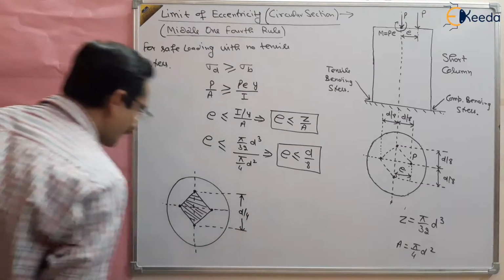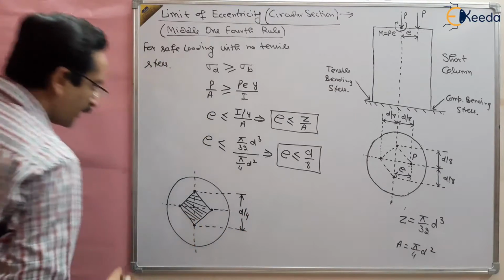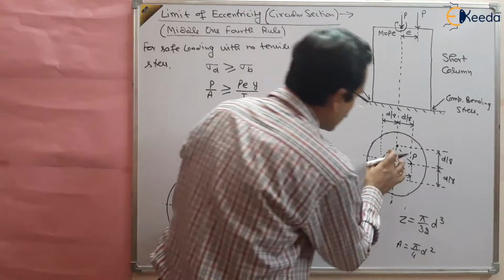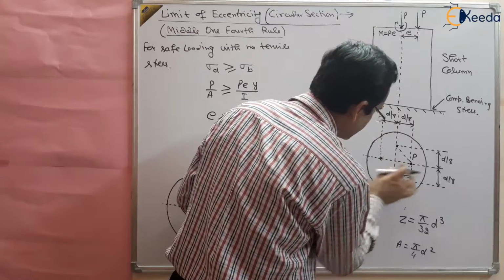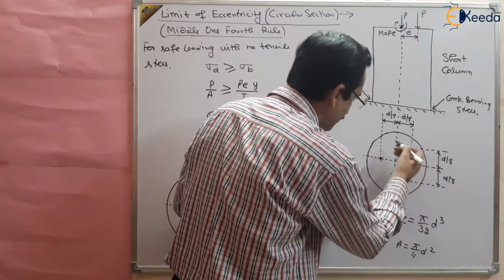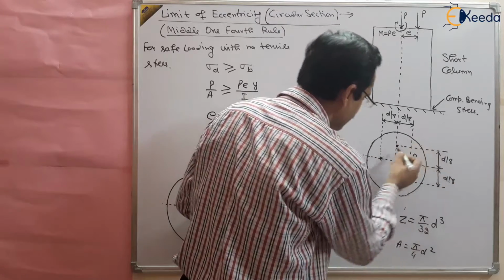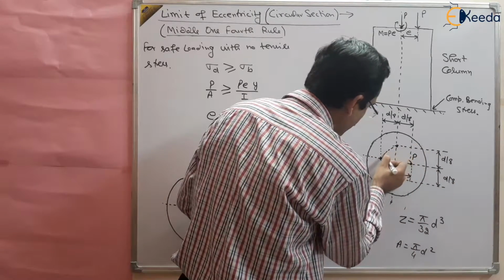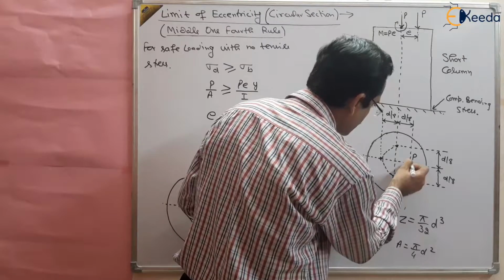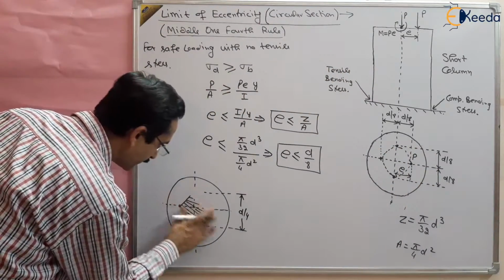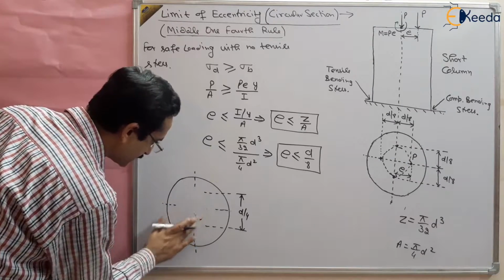On this side, and also right here, this is not a rectangle, this will become a circle. You will get a circle because this is d by 8 in the circular section, right? So you will get this type of circular kern here. It is not rectangular basically, by mistake I have done this.